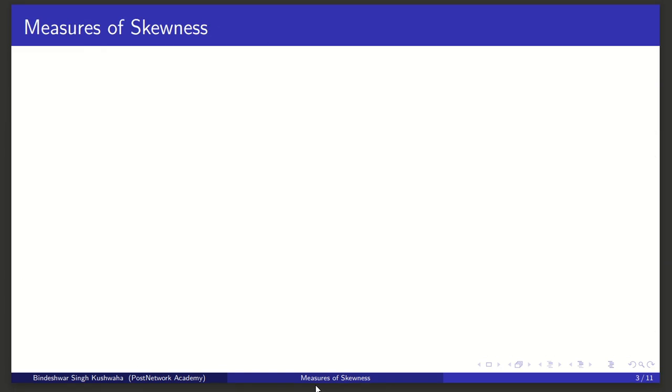Now, let's begin by understanding the concept of skewness. Skewness refers to the lack of symmetry in a data distribution. When the data is not evenly distributed, we say the distribution is skewed.